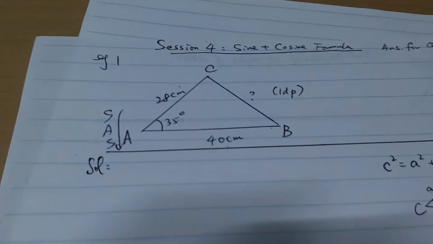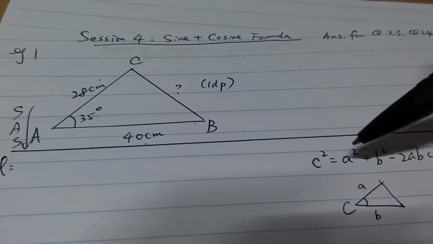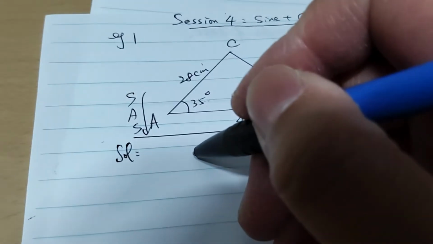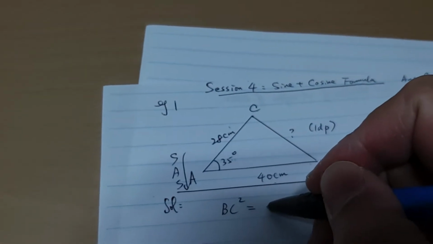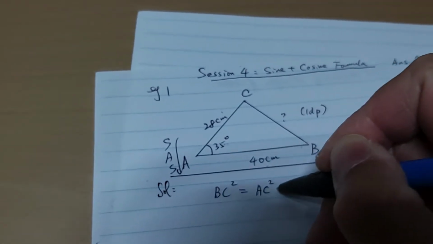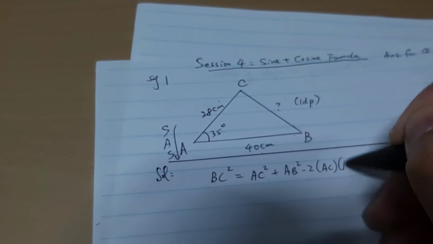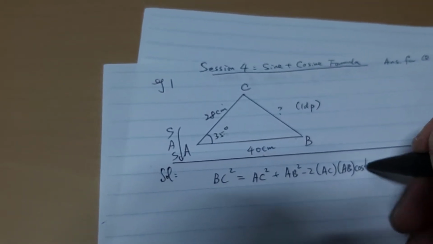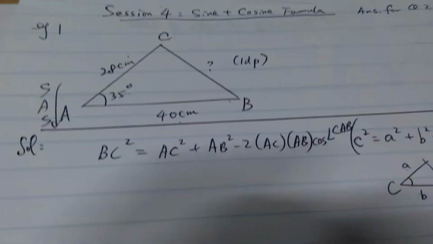So how to do this? In this case, the side c is just BC. So BC squared equals AC squared plus AB squared minus 2AC AB cosine angle CAB.